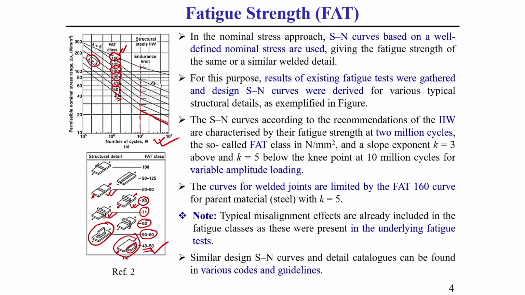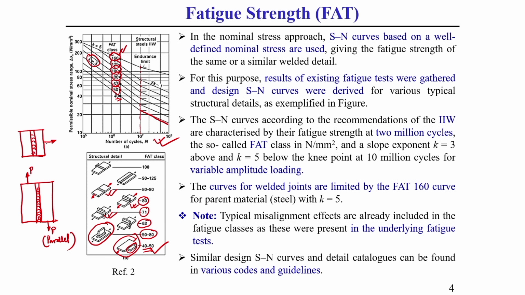What is transverse butt and what is parallel butt, let me tell you a little, then it will be very clear. This is a butt welded plate, or butt welded joint, where butt welding is done like this. If the load P is acting parallel to this weld line, then it is called a parallel butt weld.